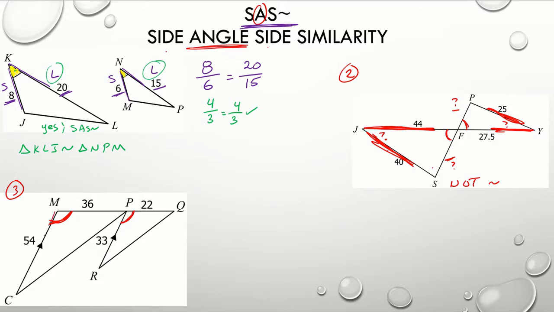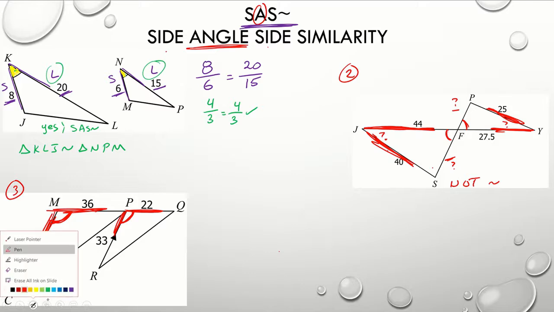And if we notice this side, this side, and this side, and this side, they're all, for lack of better words, sandwiching the angle that I need, right? So I have enough information to try to show that it's similar by SAS. The only thing I've got to show now is that they are proportional, right?